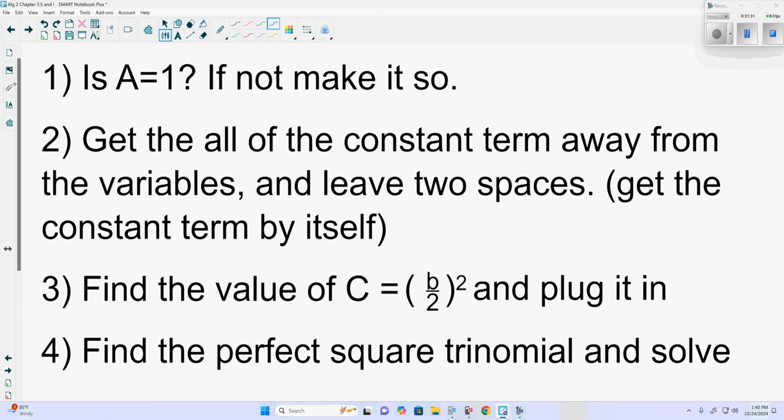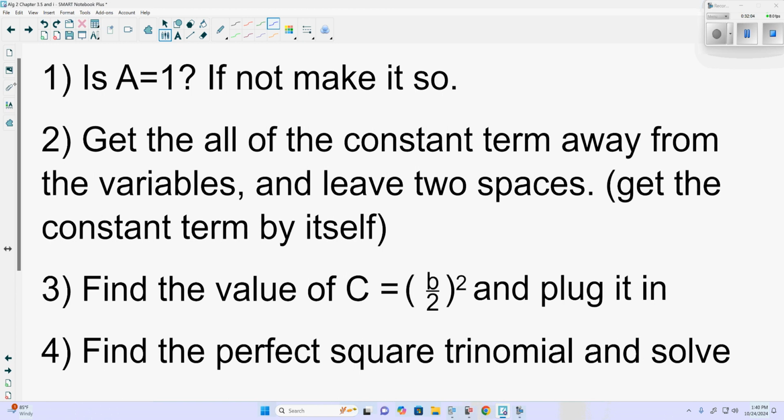Our first step is a equal to 1. If not, make it so. Our second step is to get all the constant terms away from the variables. We want the constant terms on one side, variables on the other. Our third step is to find the value of c, which is equal to b over 2 squared, and plug that value of c in.